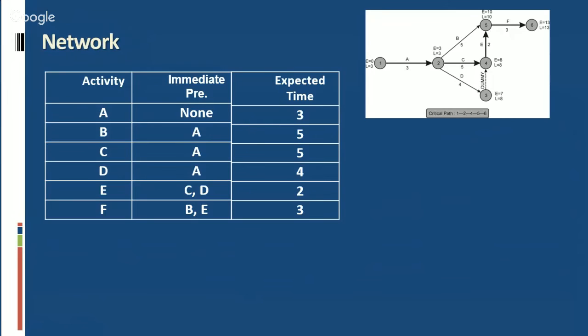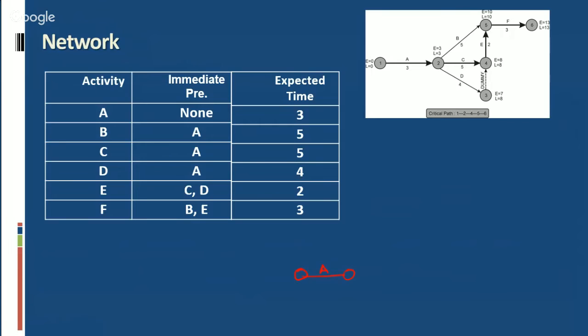Now we will draw our network. Activity A, preceding activity none. In this illustration, you have to keep in mind that the activity is given.